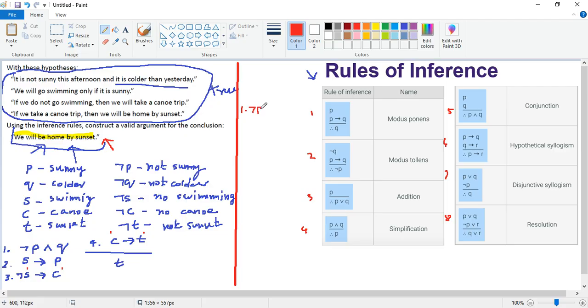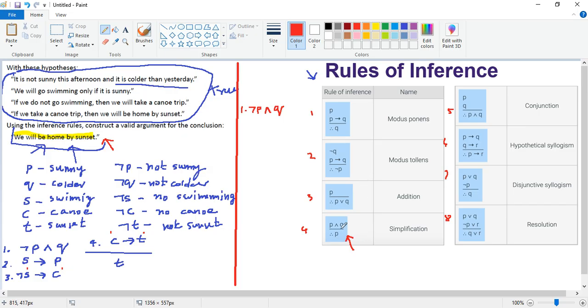not P and Q. So if I look at the rules of inference, I have to use the rule of inference which is similar to this. So here this looks similar to what I have here: not P and Q. I can conclude either P as true or Q as true, right?